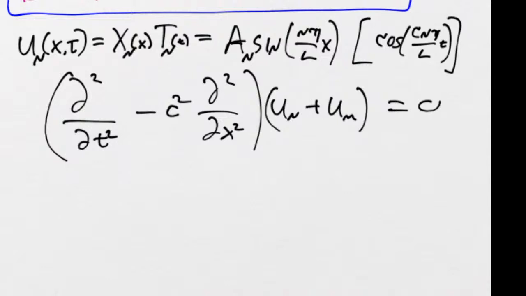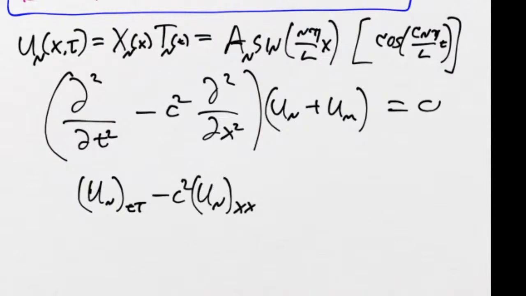And what do we get here? So clearly, this operator, when applied to un, just gives me un tt, I'm switching up notations here, minus c squared un xx, and then it's plus, that's the letter m, um tt minus c squared um xx.